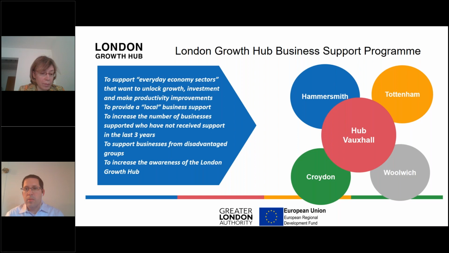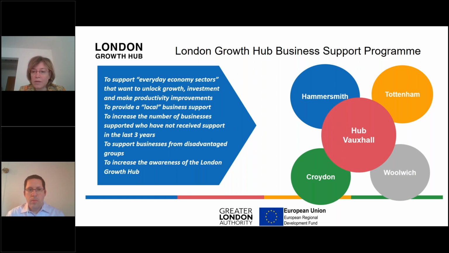Okay. The purpose of the program, or the goal of the program, is to help everyday businesses to grow and unlock their potential. The program runs from November 2019 to January 2022, and we are located in 5 different hubs, which obviously we cannot use now during COVID, but we will go back to them pretty soon, hopefully.